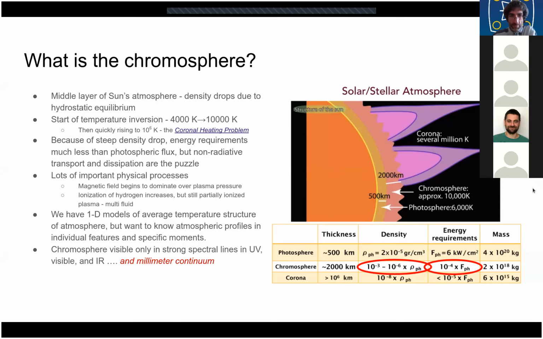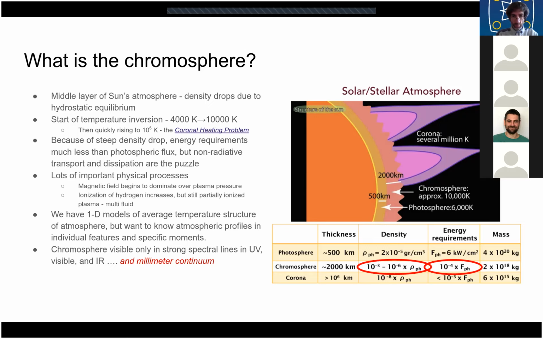So there's a lot of information here on this slide, but the main thing that I want you to take away here is that we have these 1D models of the average temperature structure of the sun's atmosphere, but those really sweep under the rug or hide a lot of the intricate complexities of the sun's atmosphere that are very relevant to various questions that we want to answer.